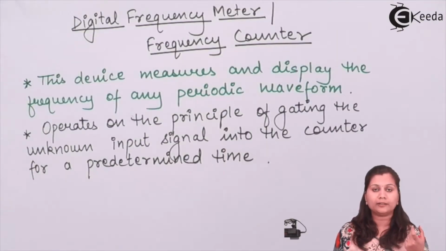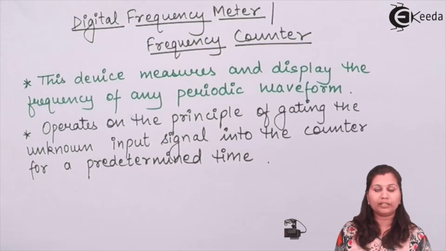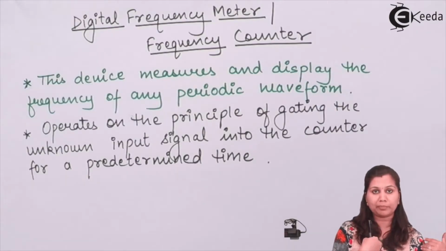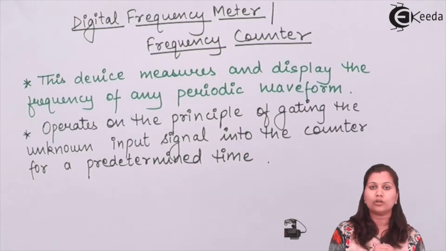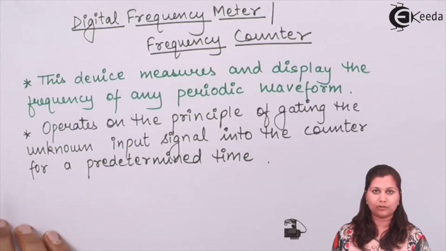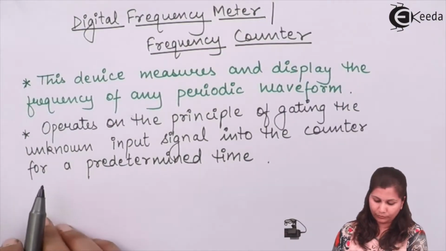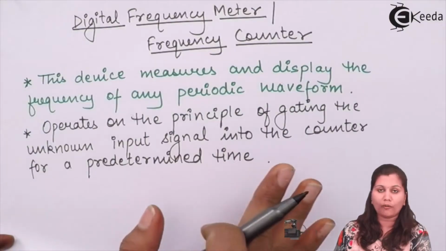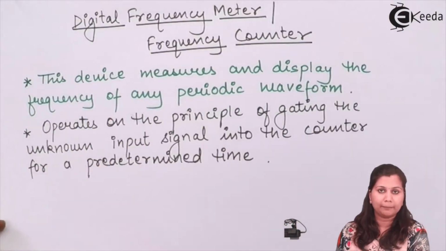Because the time is already known, when we measure the number of pulses passing through the counter, we can easily calculate the frequency. So that is the principle of this digital frequency meter.